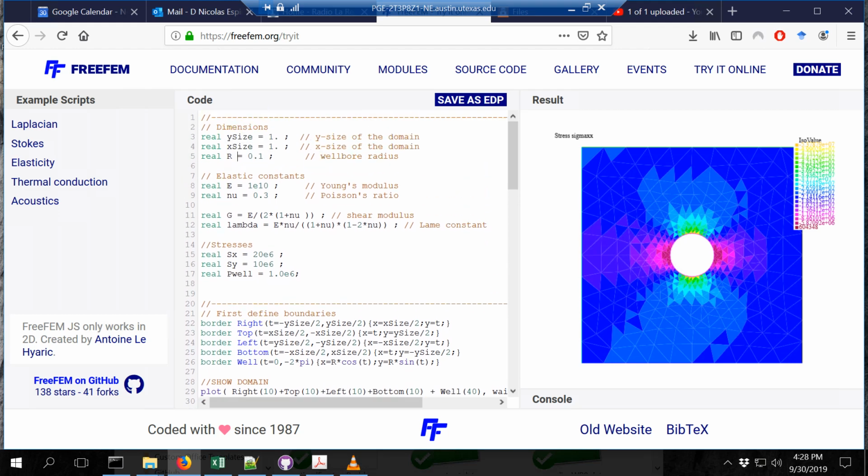I have my elastic constants also defined the same way. Here, I'm already doing mathematical operations based on the previous variables, Young modulus and Poisson ratio. I create new variables, g and lambda.